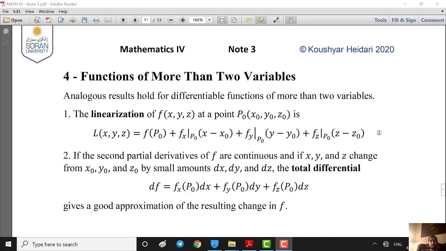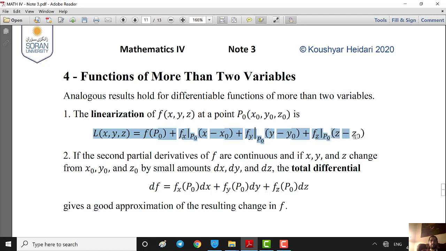And this can be generalized to a function f of any number of variables as long as the partial derivative of f with respect to all of its variables exists at the point of investigation.